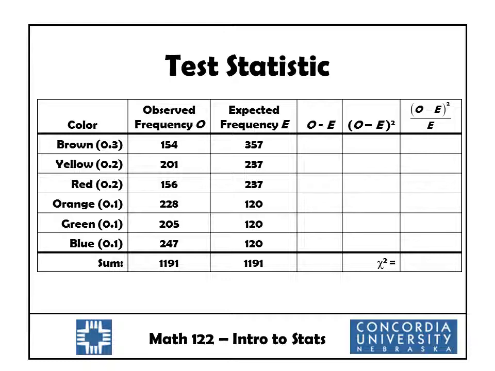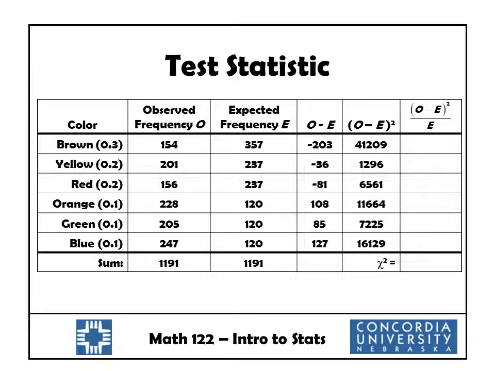And then we take 0.2 times 1191 to get 237, etc. Now, I've rounded those expected frequencies off to whole numbers, but that doesn't have to be the case. You can leave those in decimal form. But notice that not all of those expected frequencies are the same. Some are the same, but some are different than the others. So there we have our observed and our expected frequencies. Now we calculate the same as before.